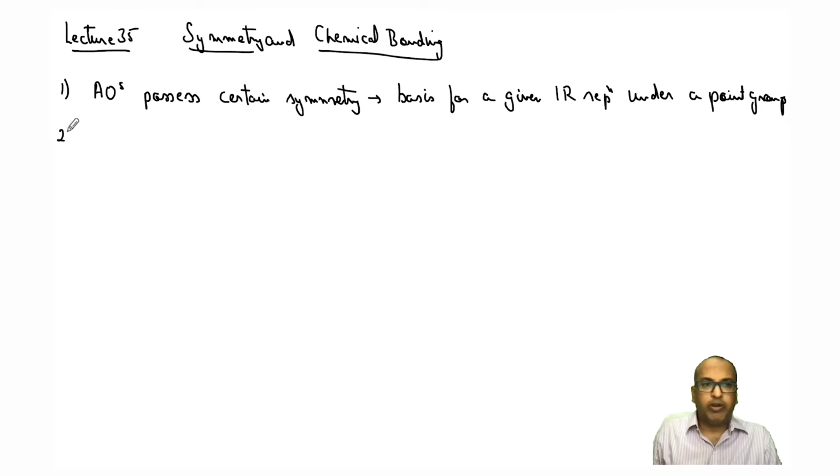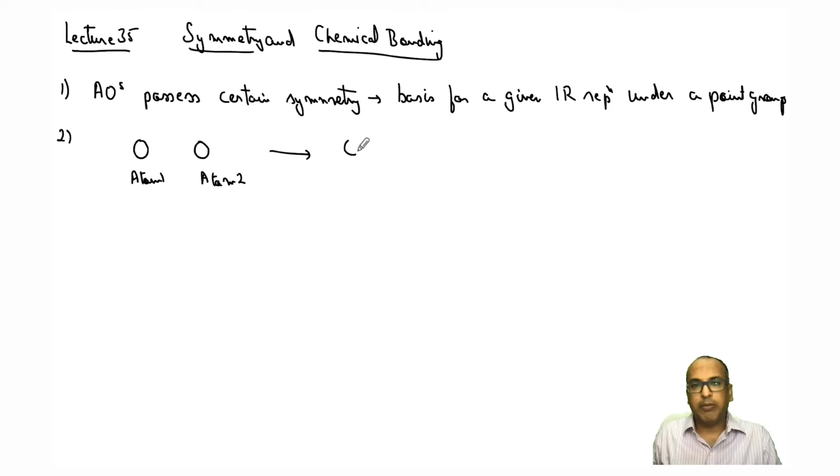Also, we know that if two atoms, let's say this is atom 1 and this is atom 2, combine to form a chemical bond, this is my chemical bond.